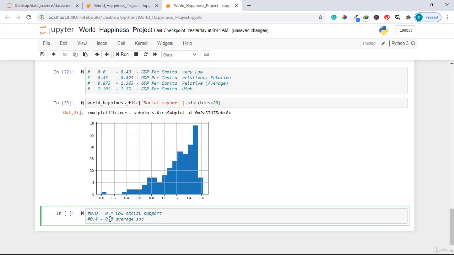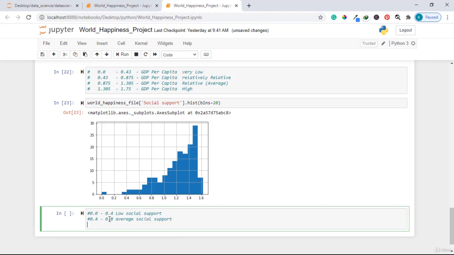Then 0.8 to 1.2, this should be, let us say, high social support level.